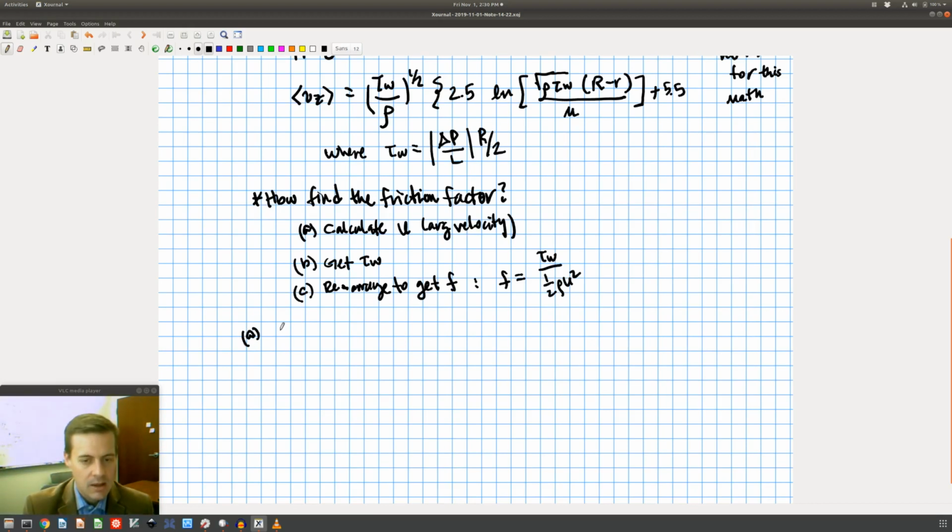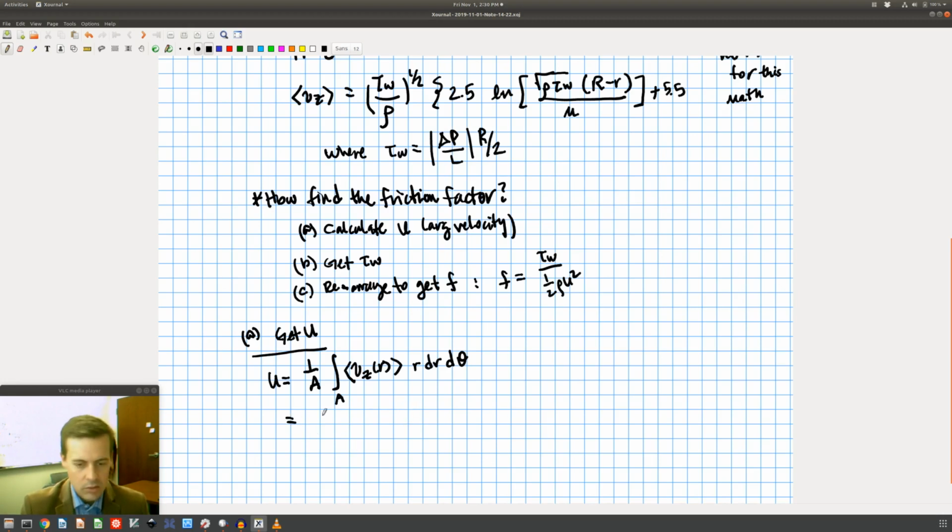So part A is to get u. Well, what's u? We've seen this formula before. It's the average velocity. So I have the spatial average now. I have 1 over the cross-sectional area times the integral of the velocity, or the velocity time average, because that's what I get out of my turbulent flow, r dr d theta.